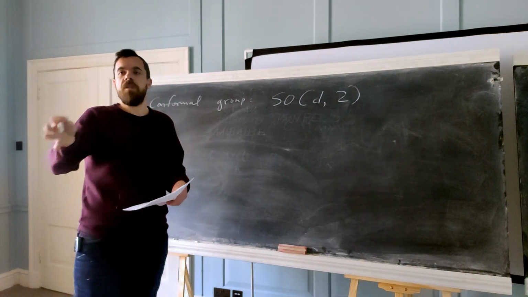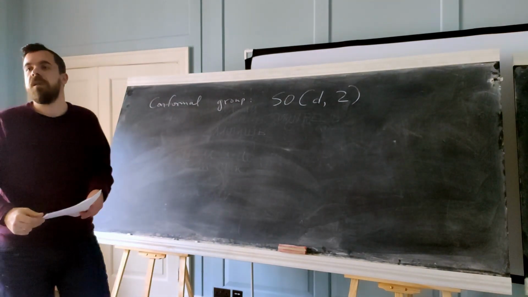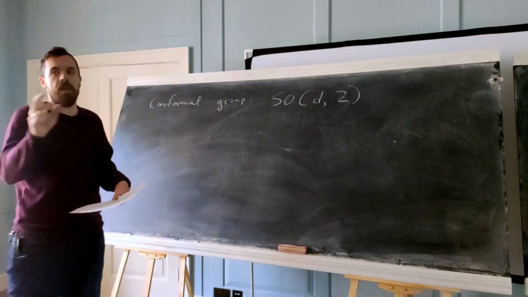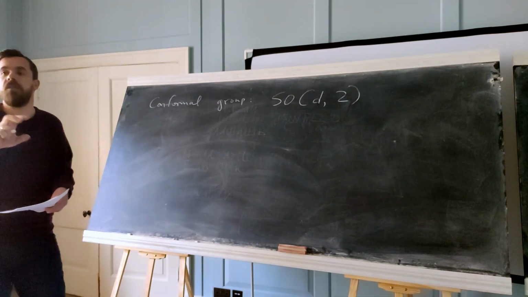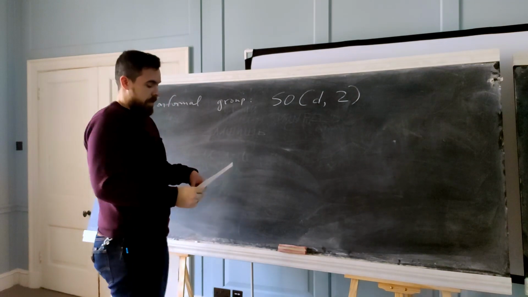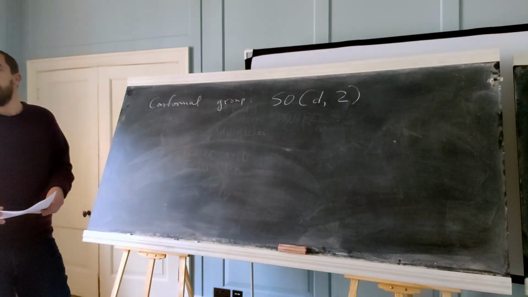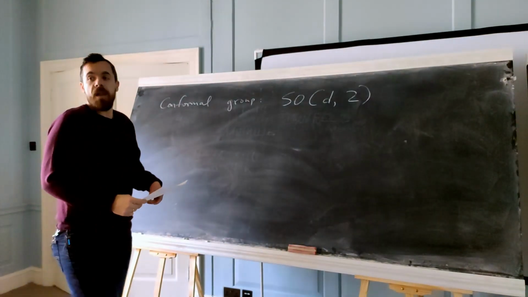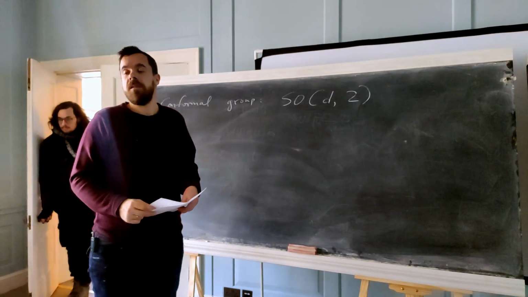But I can view the transformations in that way as well. I didn't mean that it was a conformal group of some space. Do we consider only flat space-time? Yes, this is all in flat space-time.